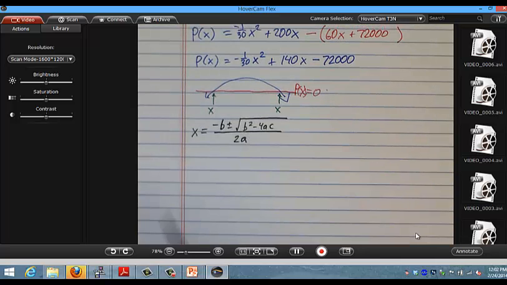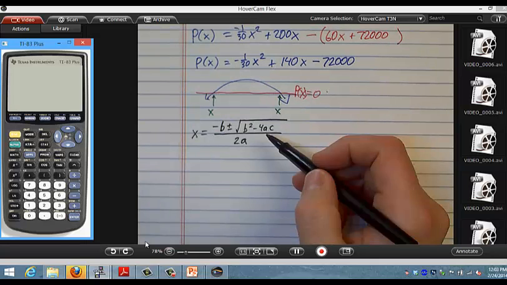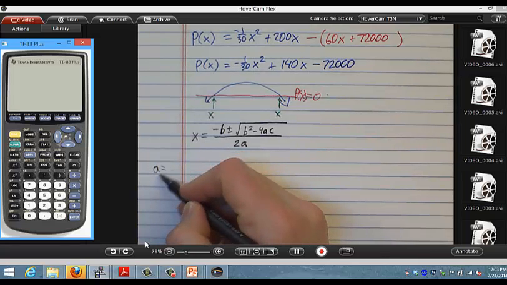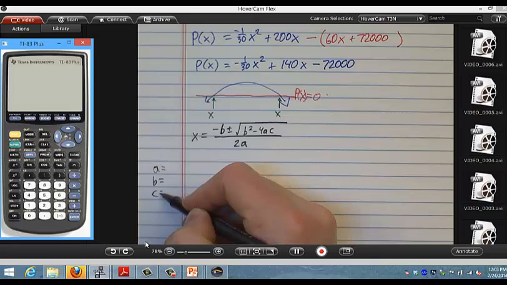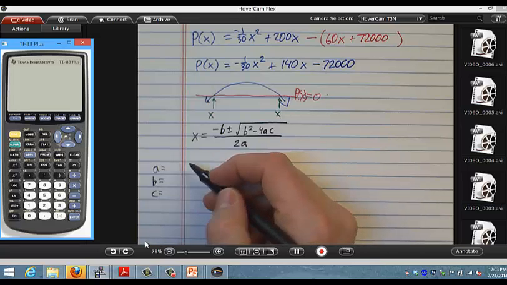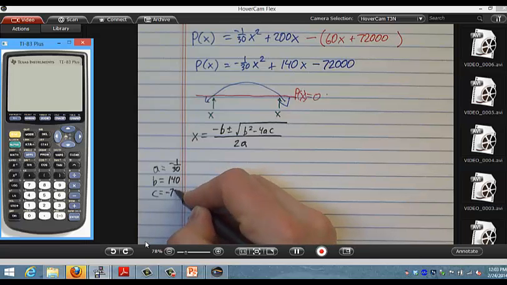Well, speaking of calculator, let me put that in the calculator. I'm going to need it anyways. By the way, for those of you that want to do it this way, I should mention what I always do. Anytime I have a quadratic formula problem, I write down over here exactly what I have for A, B, and C. A is negative 1 over 30. B is 140. And C is negative 72,000.